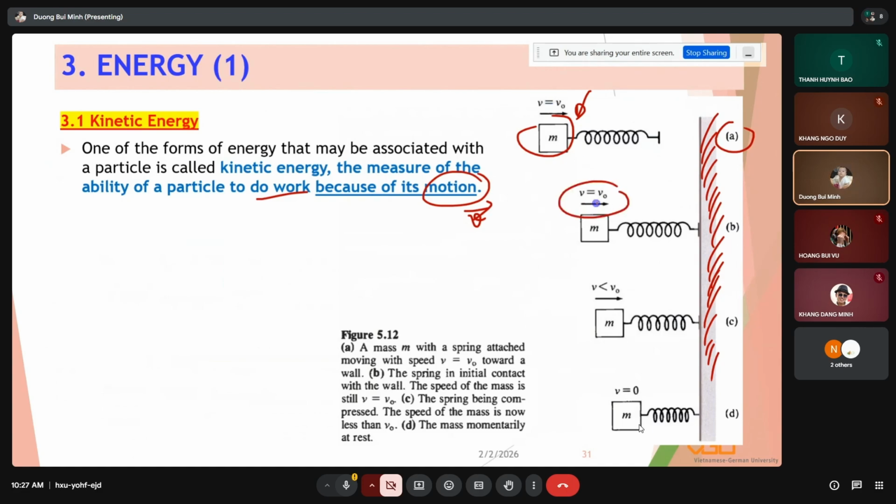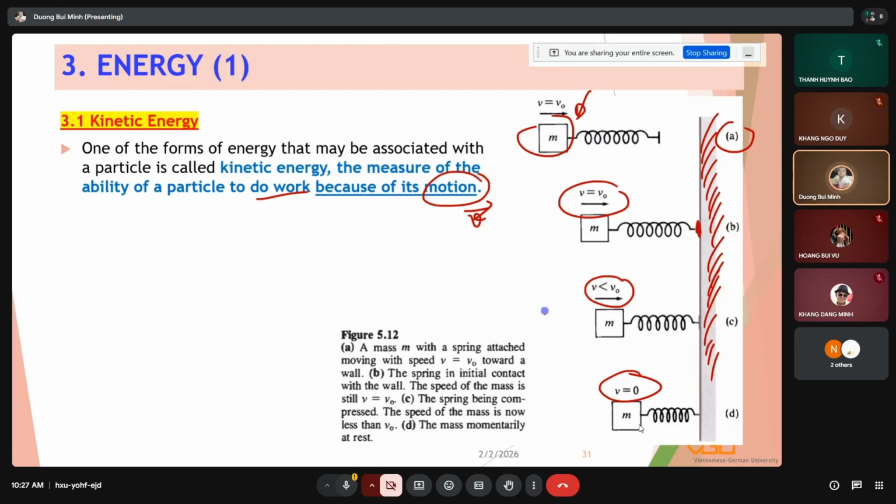Here v is also v0, but now we have contact between the spring and the surface. Now if the spring is compressed, velocity is less than v0, and at maximum compression, you get velocity 0.